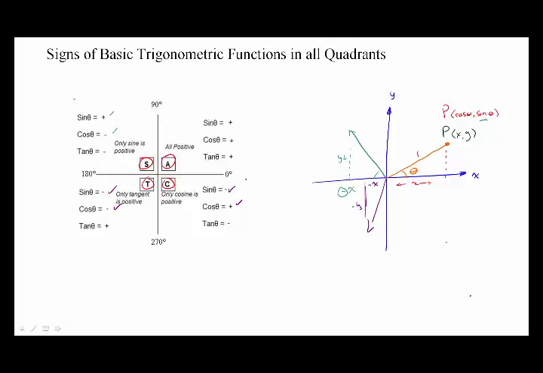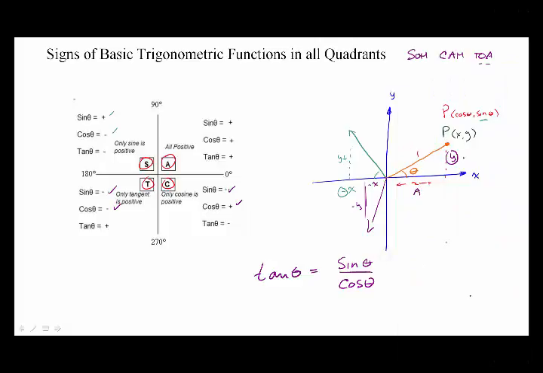So how do we deal with tan? Well, tan theta equals sin theta over cos theta. All right, so SOHCAHTOA, opposite over adjacent. That's opposite, right?